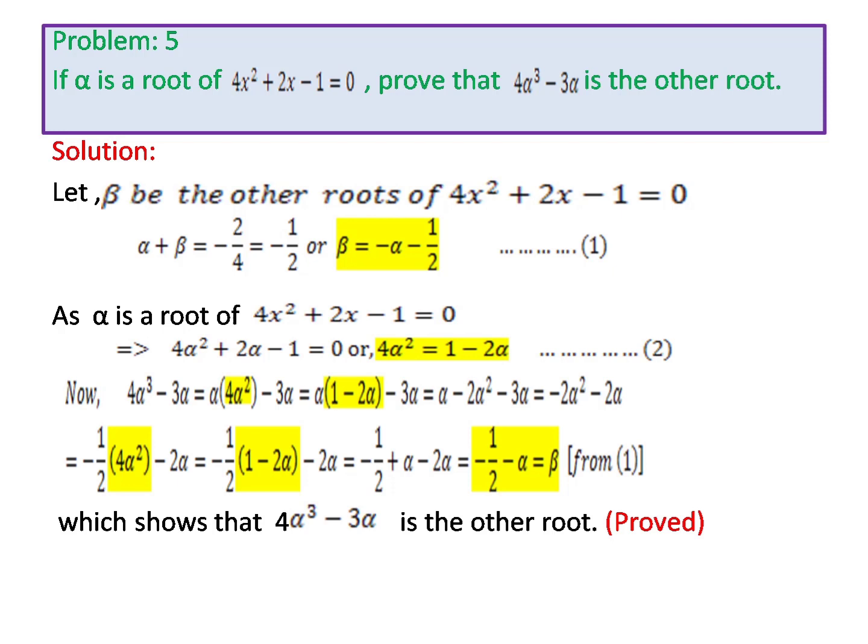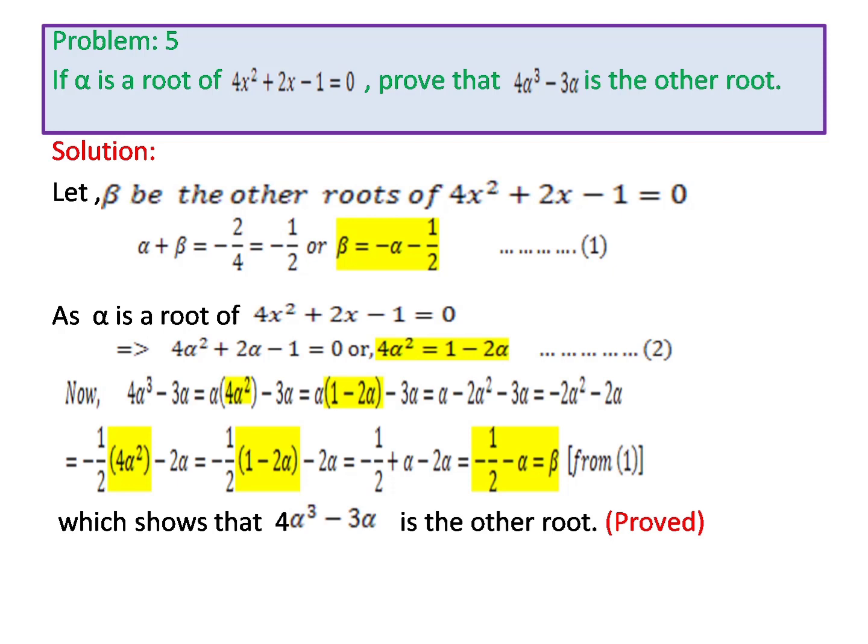Now as we know that the sum of the roots equals minus b by a, alpha plus beta can be written as minus 2 by 4, that is minus half. So we can write beta equals minus alpha minus half. We take it as equation number 1.